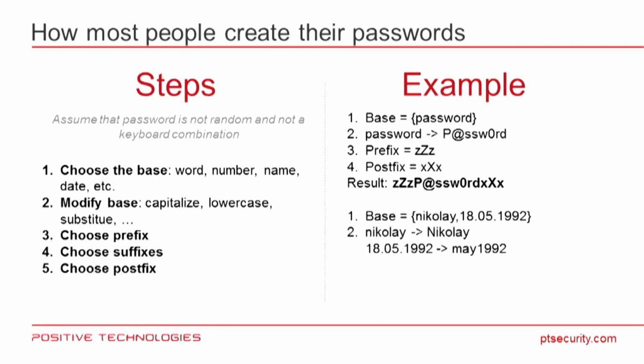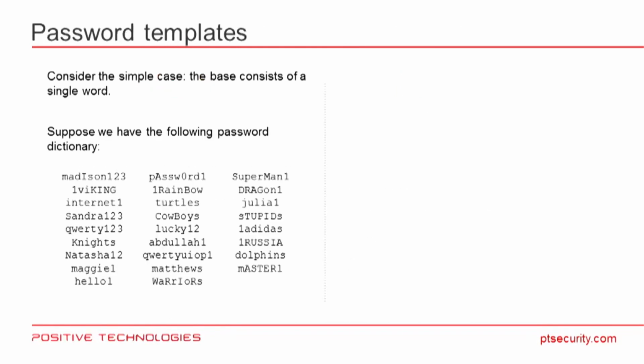We have base words, a name and the date of birth, and that's what we end up having, this type of password. And actually the lists of passwords on the internet prove that it's true.